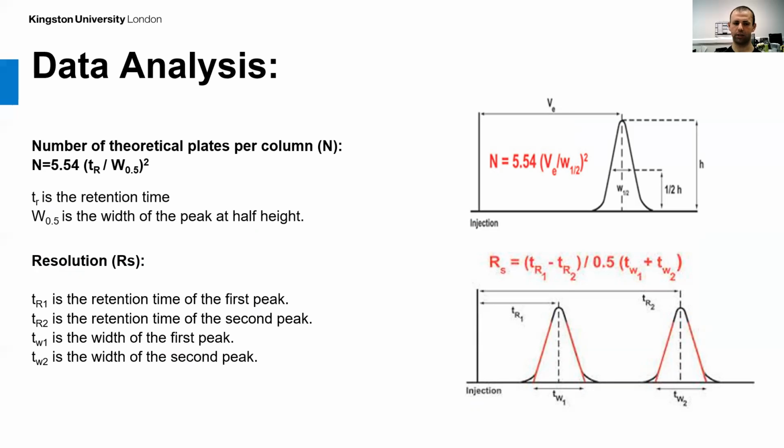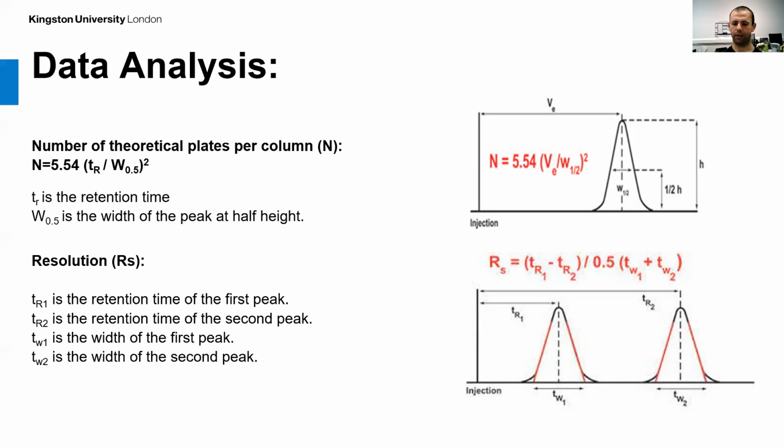We have a new scientific term called N. Capital N is the number of theoretical plates per column, equal to 5.54 (TR over W at half height) squared. So TR is the retention time of the peak, W 0.5 is the width of the peak at half height.